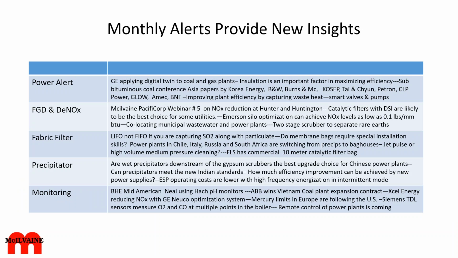McIlvaine has a coal-fired boiler decision system, and there are a number of monthly alerts that go out on new developments relative to total cost of ownership that are part of that whole program.